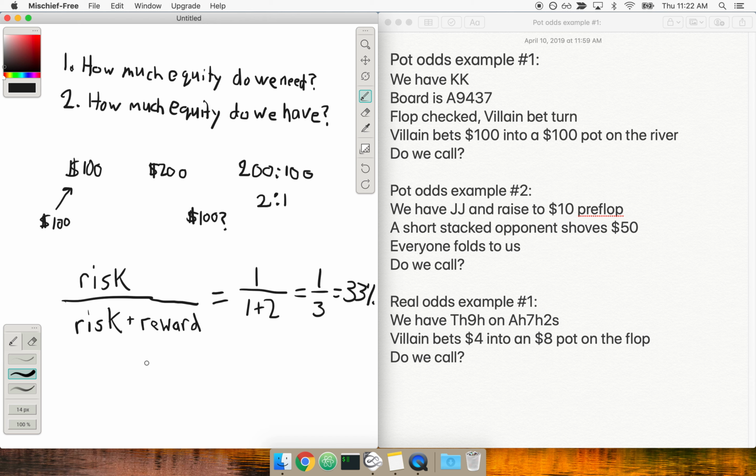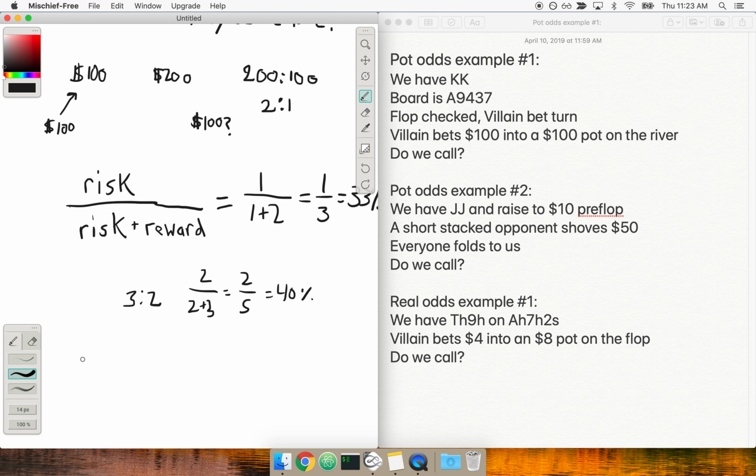If the pot odds, instead of 2 to 1, were 3 to 2, now we'd be risking 2 to win 3. So we'd have 2 divided by 2 plus 3 equals 2 over 5 equals 40%. No matter what the pot odds are, you can put them into this formula to figure out how much equity you need. Here are some common values. If we have 2 to 1, we need 33%, like we saw.